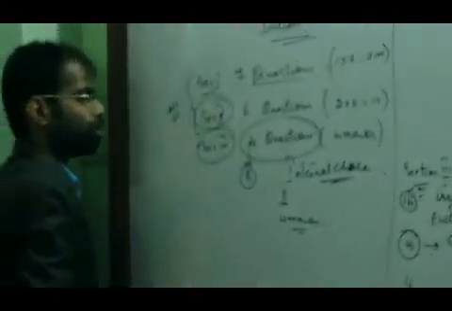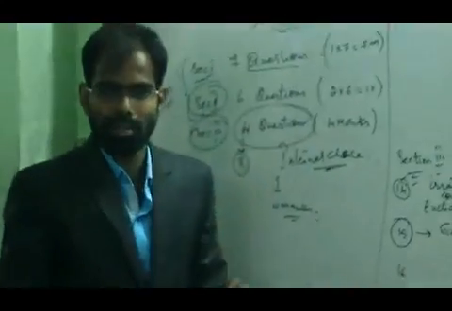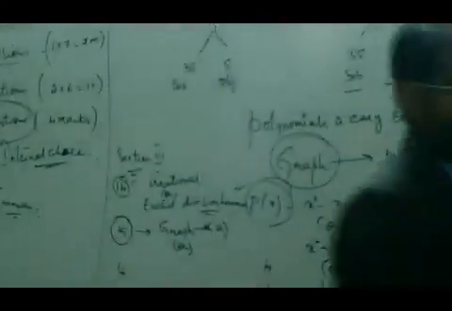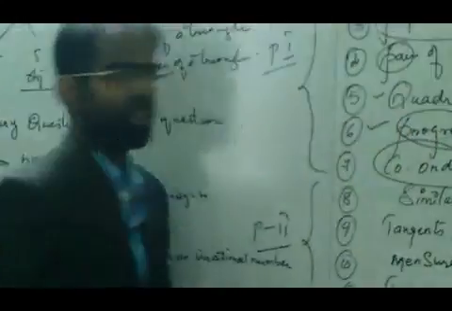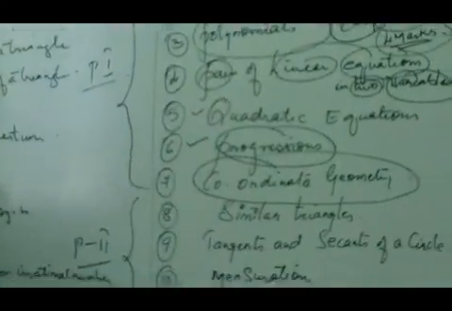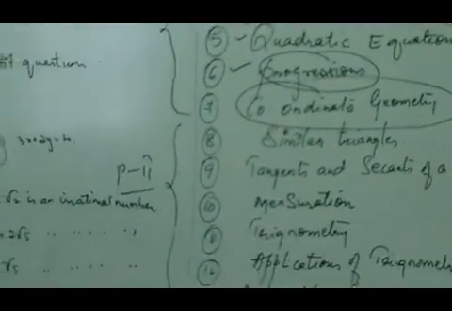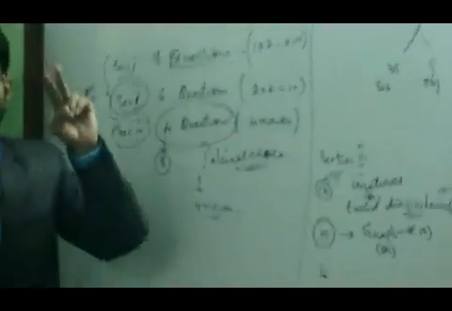Now from section 2, 2 more questions. You can go for the chapters sets, quadratic equations and progressions. These chapters are very important for section 2 because it carries 2 marks.